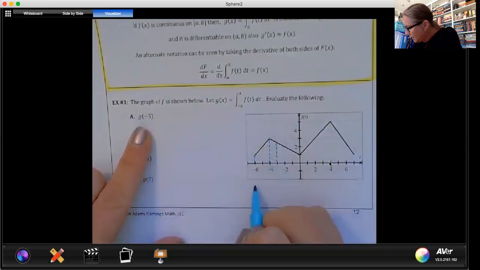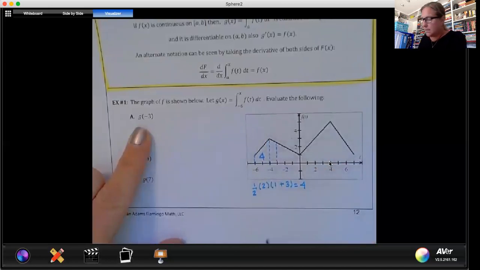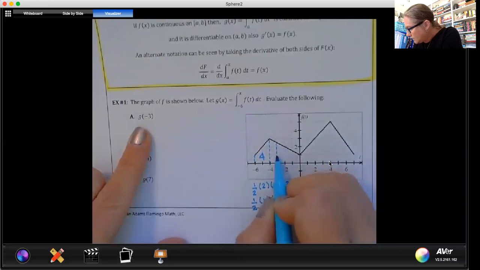So here we're going to have 1/2 times the height times the sum of the bases. 1, 2, 3. And that should be 4. So 4 is the area of the first piece. And then for that second trapezoid, we have 1/2 the height times the sum of the bases. 1, 2, 3.